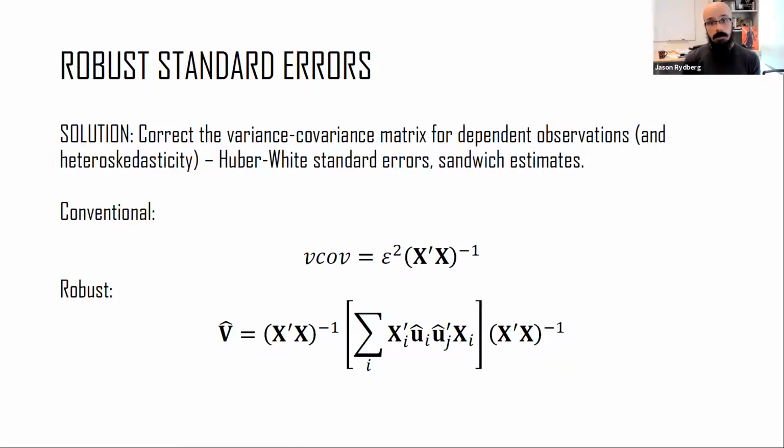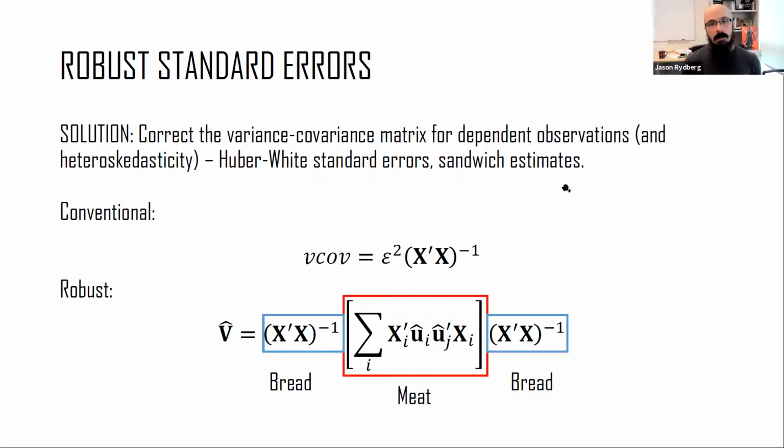This can also be adjusted for clustering of observations, so that you have observations coming from the same units. Conventionally, in matrix algebra, this is the variance-covariance matrix, where we have the residual variance over the different parameters, the predictor values here. Under a robust one, just notice, we have that matrix up here, but in the middle, we also have this new matrix that's being estimated.